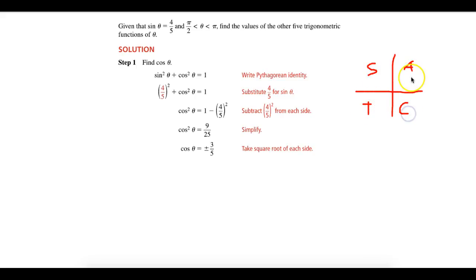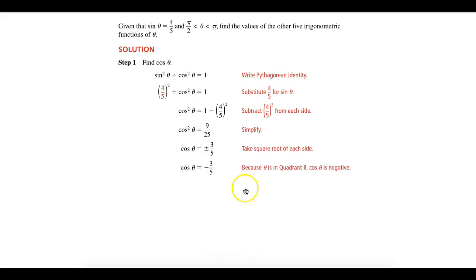So we start from quadrant 1 and write out our acronym in each quadrant. So 1, 2, 3, 4. In quadrant 2, only sine is positive. So what that tells us is that because our angle is in quadrant 2, the cosine must be negative. So there we've got our cosine now.